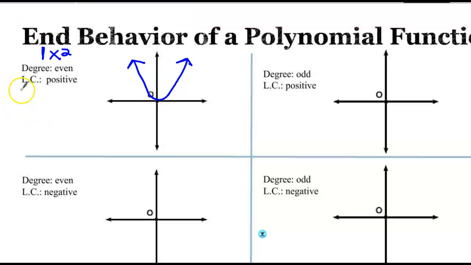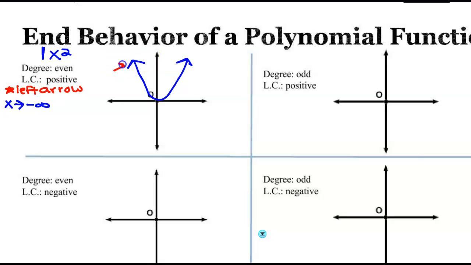What I need to know about that information to find the end behavior, it is written this way. I'm going to write as x approaches negative infinity. When I see this as x approaches negative infinity, all I'm really thinking is left arrow.